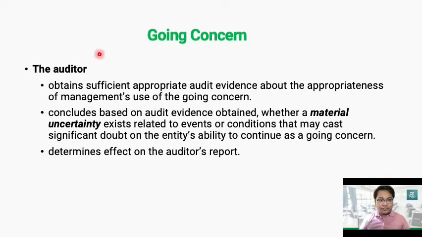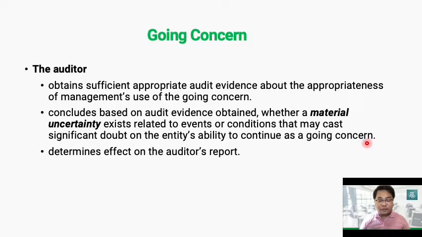So our procedures include obtaining sufficient and appropriate evidence about the appropriateness of management's use of the going concern assumption. We conclude, based on audit evidence obtained, whether there is material uncertainty related to events or conditions that may cast significant doubt on the entity's ability to continue as a going concern.